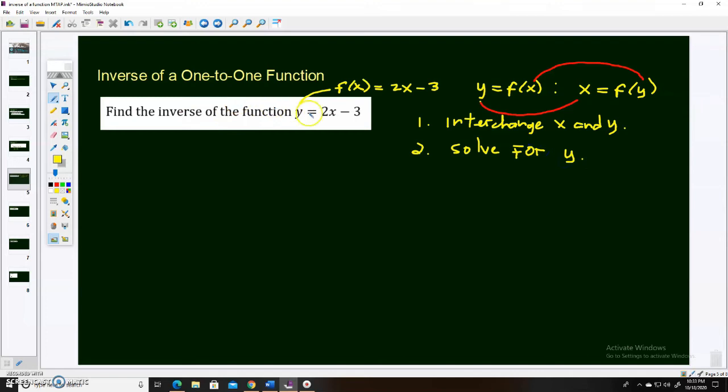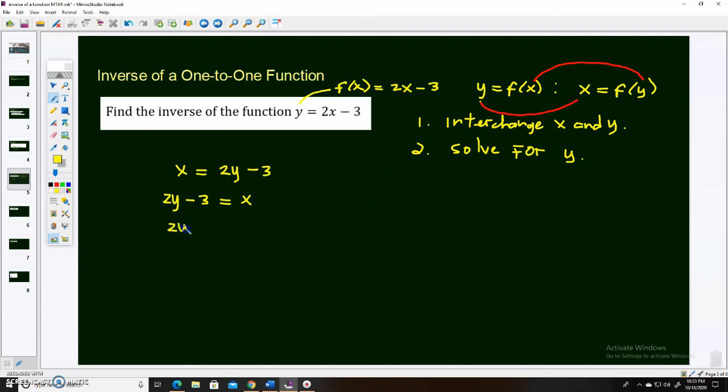Let's start. It's very easy in our first example. y will become x, and x here will become y. Now we solve for y. So 2y minus 3 is x. Since y is already on the left side, if a is b, then b is a.